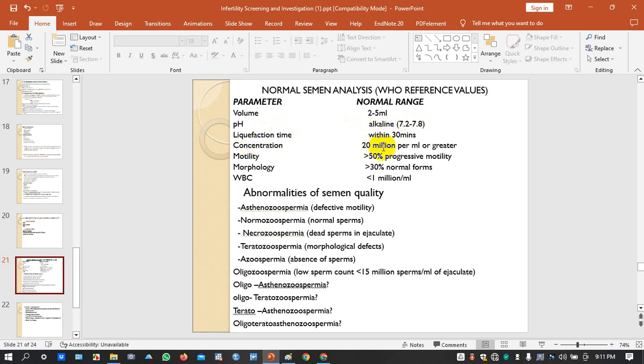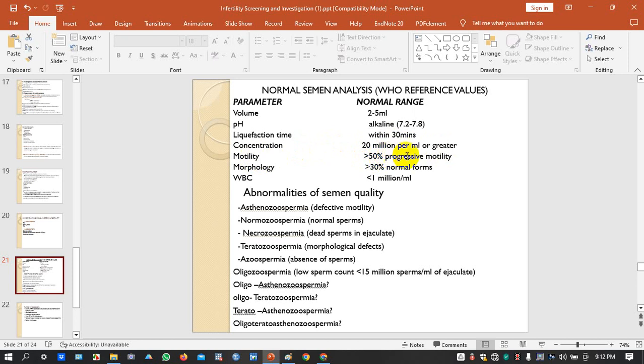Concentration of the sperm should be 20 million per ml or more. It shouldn't be less than 20 million. Now they have even brought it to 15 million per ml because of stress and other related occupational problems.